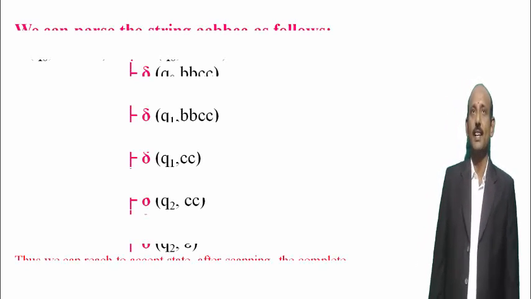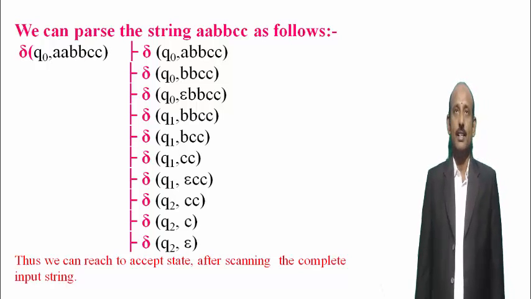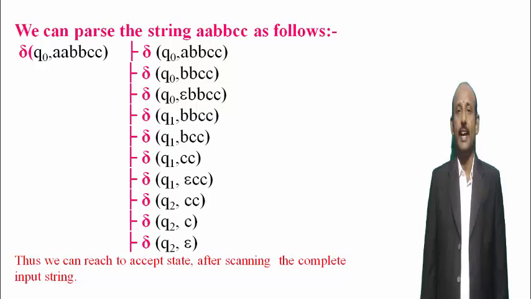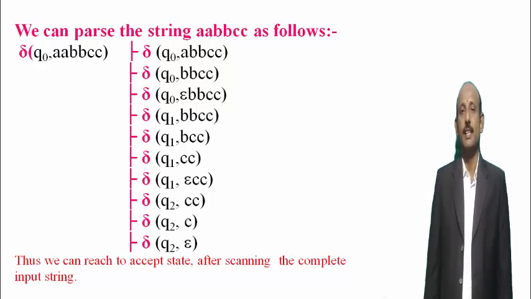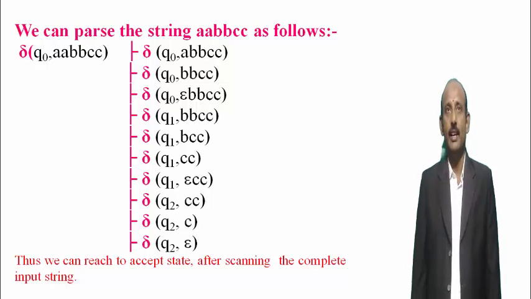Now let's see another example: how can we parse a string in this finite automata? By using the finite automata diagram, we can parse an input string. We take the input string as AABBCC.